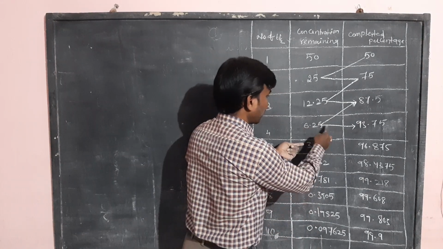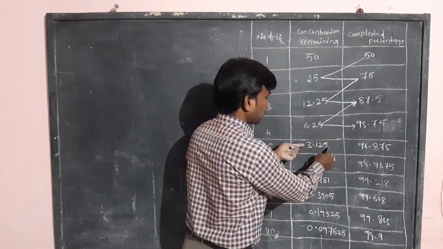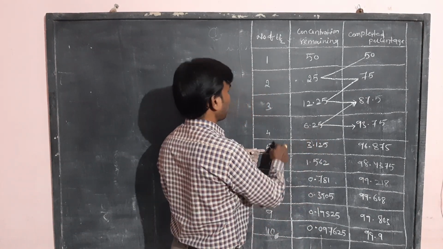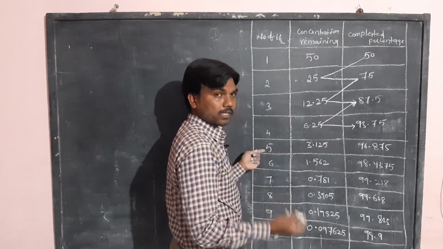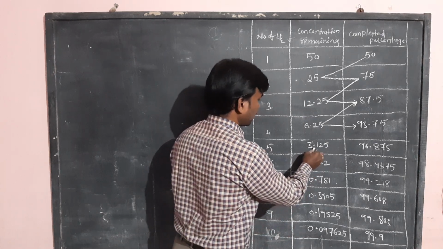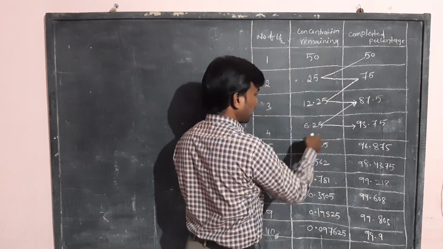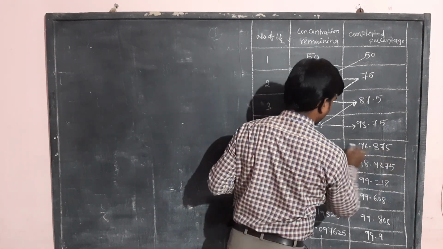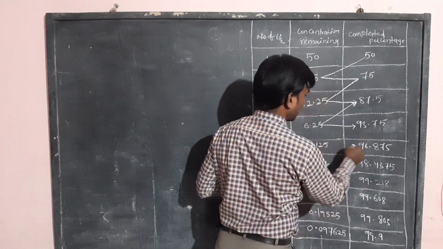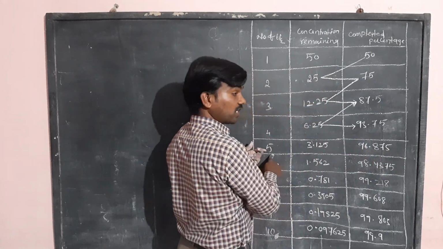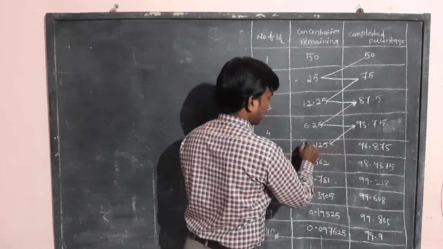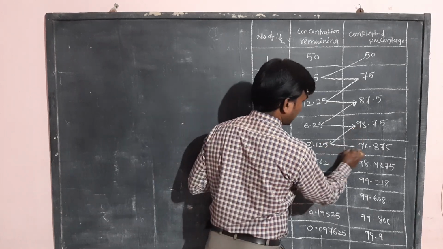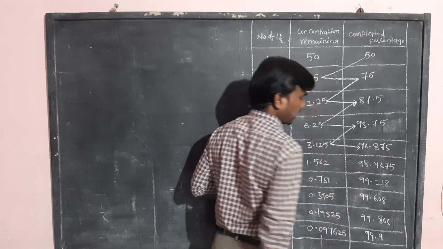Again from 6.25, half means 3.125. It is the fifth half-life. After 5 half-life times, if the initial concentration is 100%, then 3.125 will be remaining and 96.875 will be completed. So in the 5th T half, remaining quantity is 3.125 and completed quantity is 96.875.